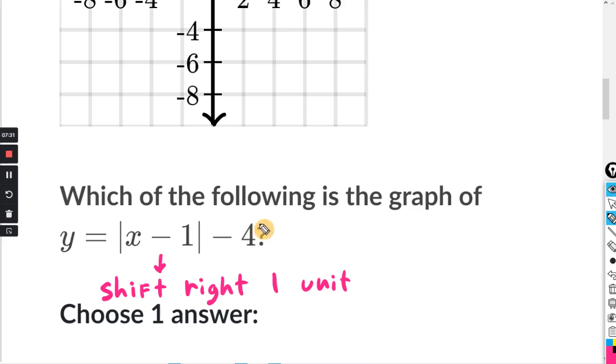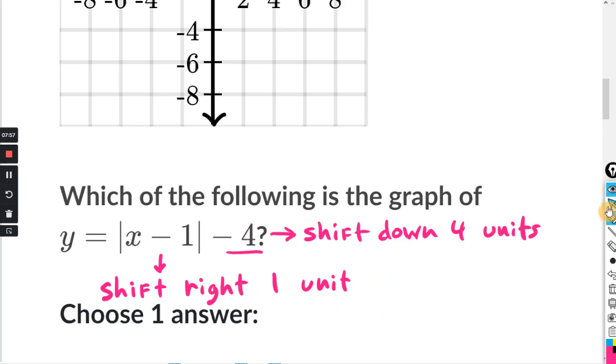And then if you subtract outside the parentheses, this part here, that makes it shift down four units. So this makes it shift right 1, this makes it shift down 4.